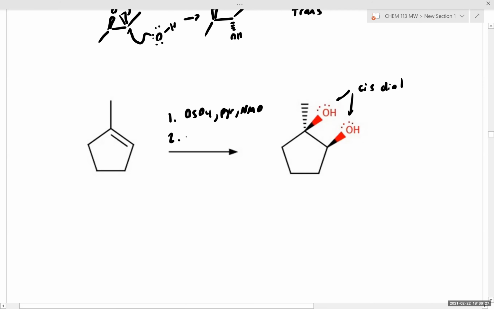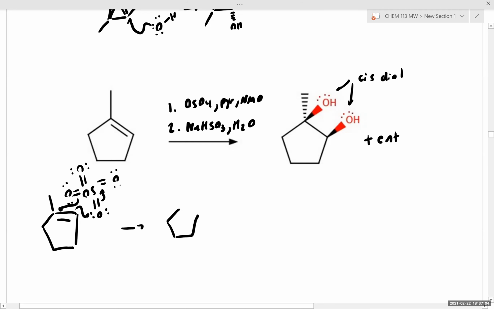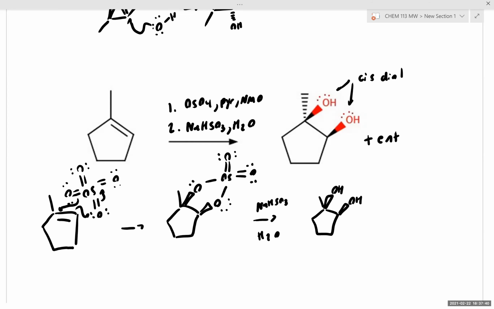One hint that you may need to revise your reaction scheme is if you can't figure out the mechanism that gets you from the reactants to products using your given reaction conditions, that's usually a sign that something needs to be revised or reconsidered. Okay, so as we see, osmium tetroxide followed by reductive cleavage would give us the desired cis diol.